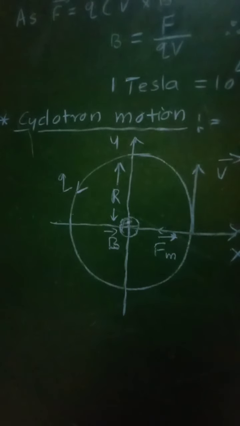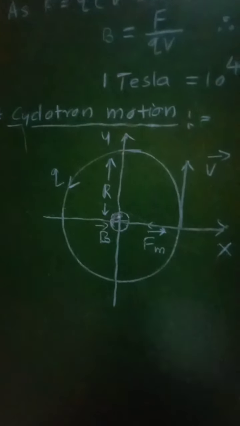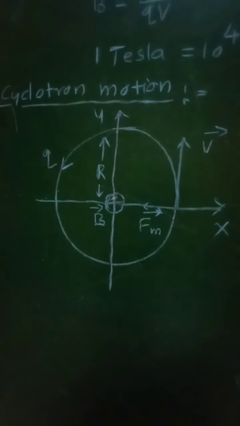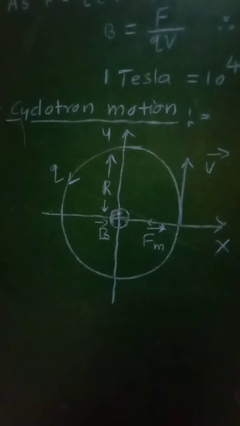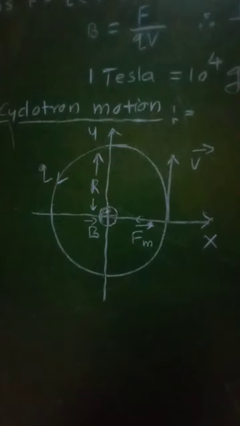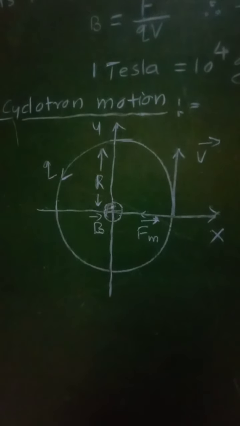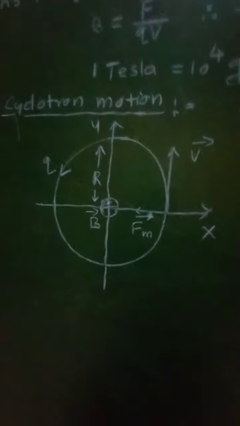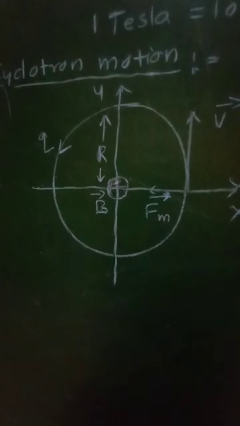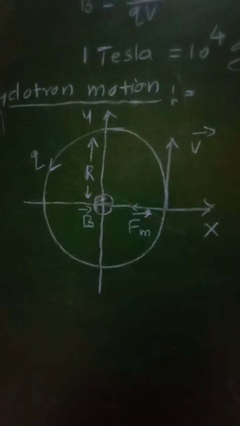Now this force will provide the centripetal force. This magnetic force Fm gives rise to the centripetal force to sustain a uniform circular motion. To maintain uniform circular motion, the centripetal force is necessary, and it is provided by this magnetic force Fm directed towards the center of the circle.